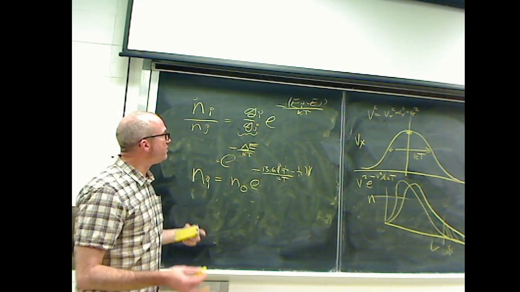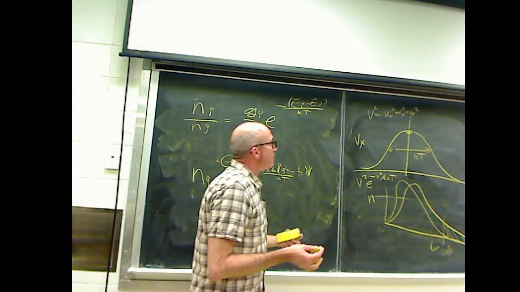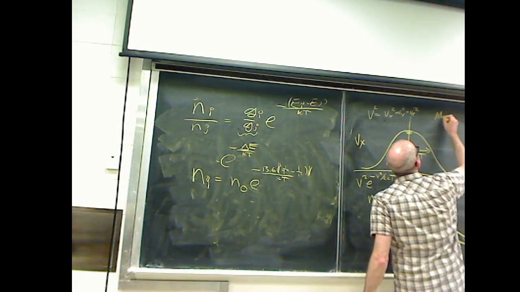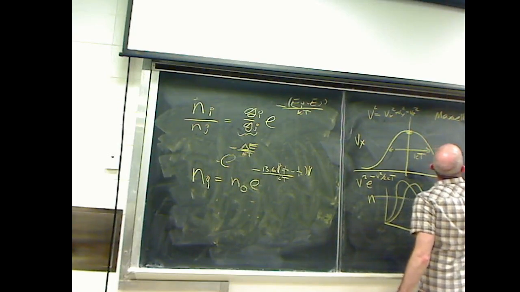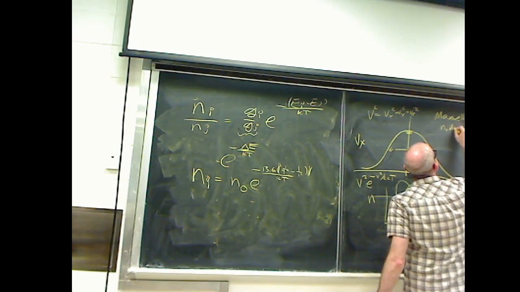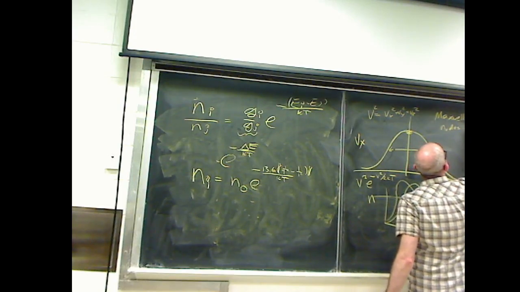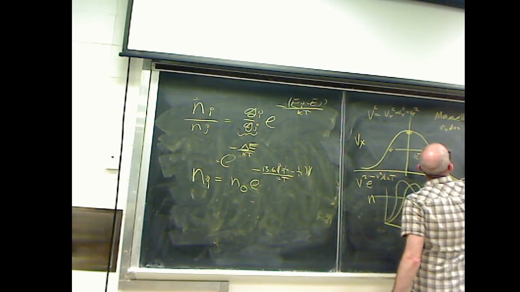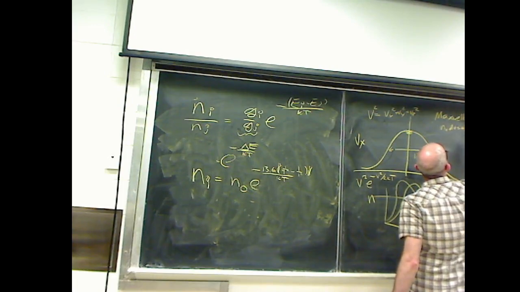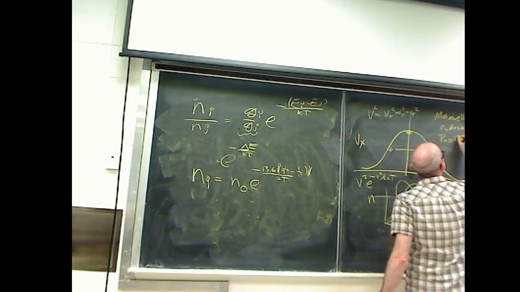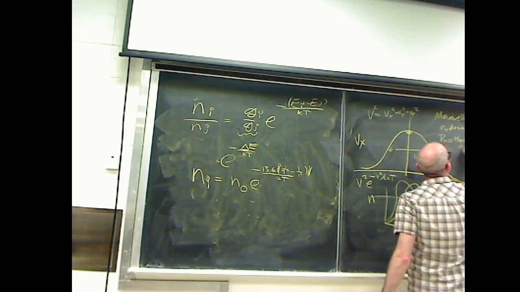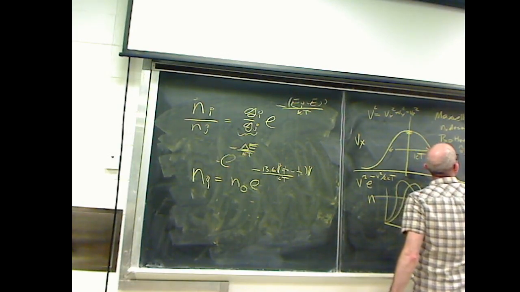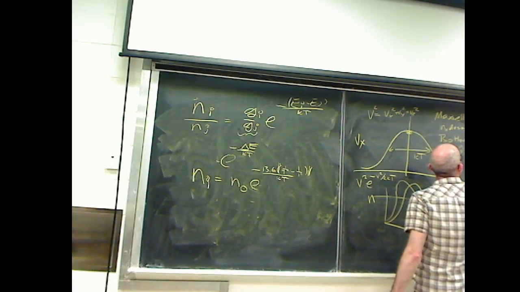So this is the Boltzmann equation. We've learned Maxwell-Boltzmann, n of v dv equals e to the minus m v squared over kT times v squared times some numbers. And the Boltzmann distribution is n_i over n_j equals g_i over g_j e to the minus delta E over kT.